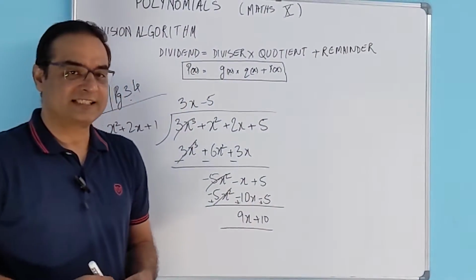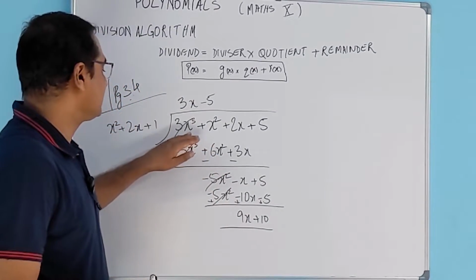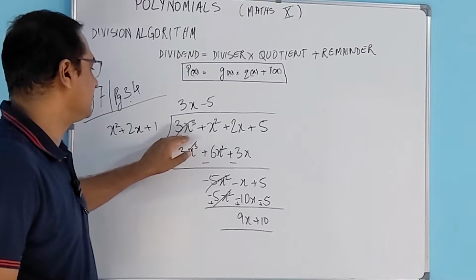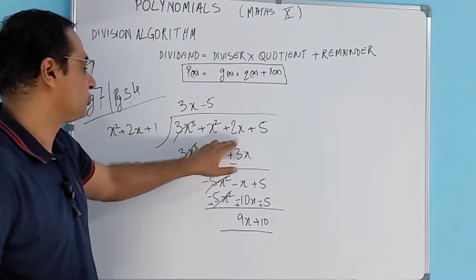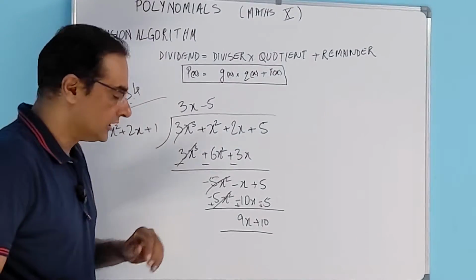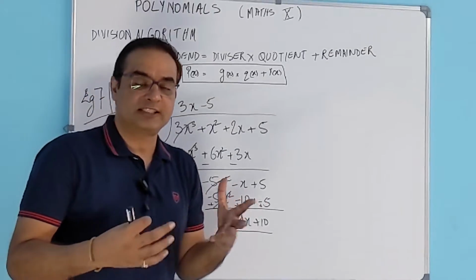So now let's look at example number 7, which is given on page number 34. This is the dividend which we have, and this is the divisor. The dividend is 3x cube plus x square plus 2x plus 5, and the divisor is x square plus 2x plus 1. Again we need to divide this polynomial with this one. So what are the steps we follow?